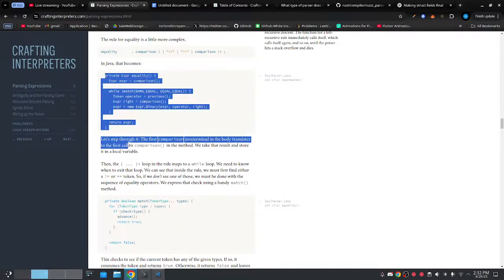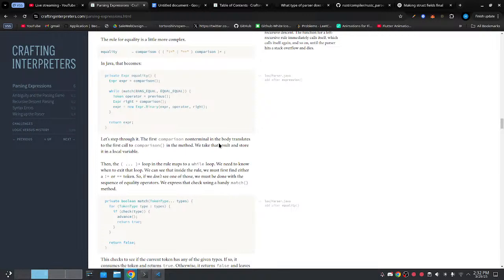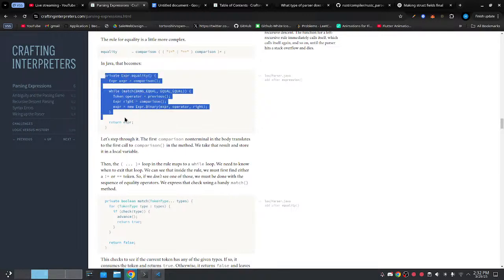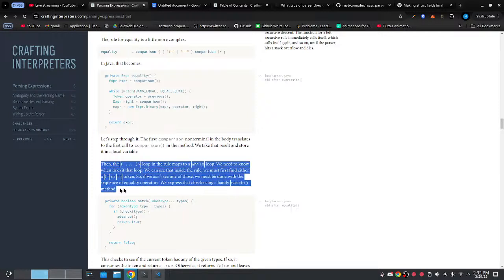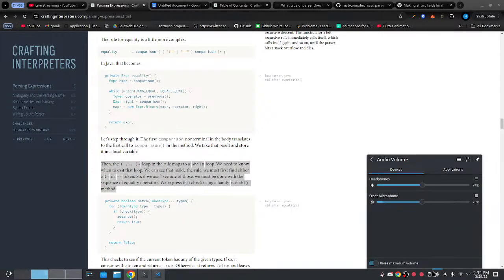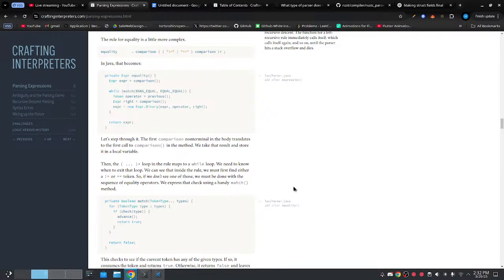Till here, I'm able to gather what this function is doing, but after this, the star loop matches in the rule map, so we need to know when to exit that loop.